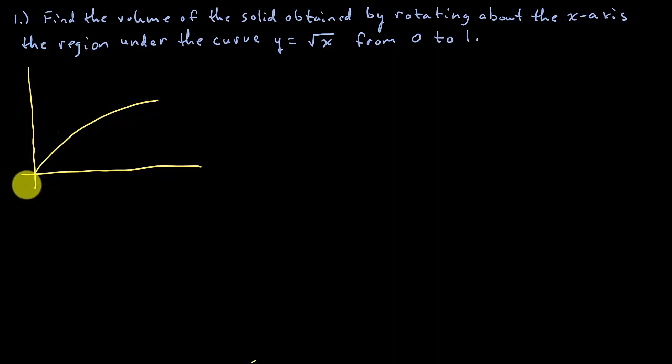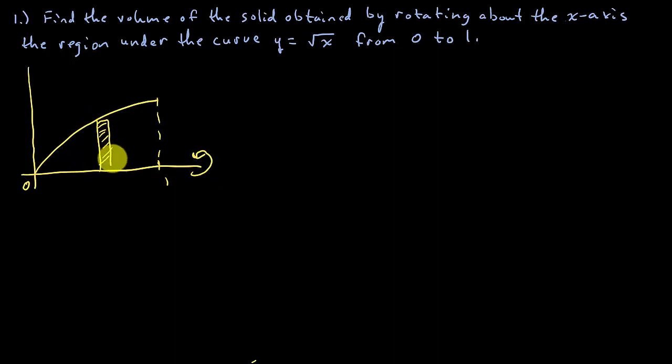And look, this one's nice. It's telling me it's going from 0 to 1. So I'm going to revolve this about the x-axis. Now remember what I told you. You don't need to draw the bottom half. You just need to draw your rectangle in there. Since I'm revolving it about the x-axis, my rectangle is going to look like this.